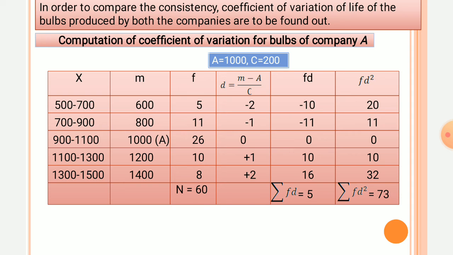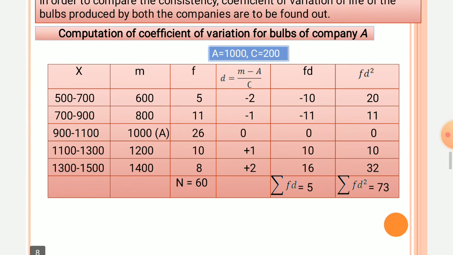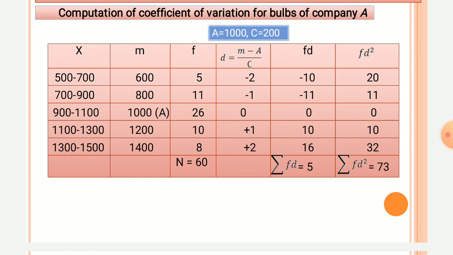In the same way we have to calculate the product of fd and d, that is fd square: minus 2 into minus 10 is plus 20, minus 11 into minus 1 is plus 11, 0 into 0 is 0, 10 into 1 is 10, 16 into 2 is 32. Now make the sum of all these. Now we find sigma fd square is 73, sigma fd is 5, and n, the total frequency, is 60.